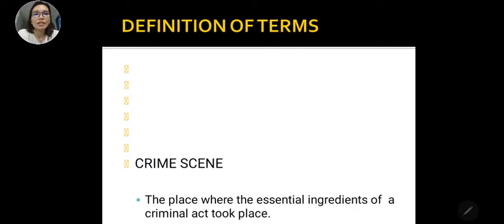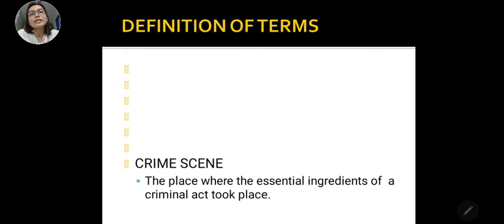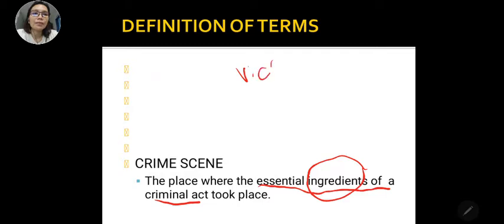Next is a crime scene. A crime scene is the place where the essential ingredients of a criminal act took place. Ano-ano ba yung mga ingredients na sinasabi dito? So, meron tayo dyan, pwedeng makita natin dyan yung victim.